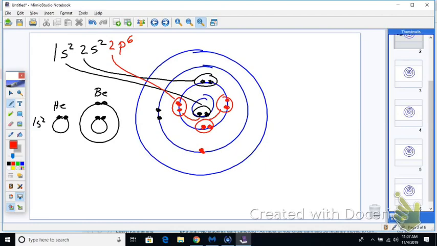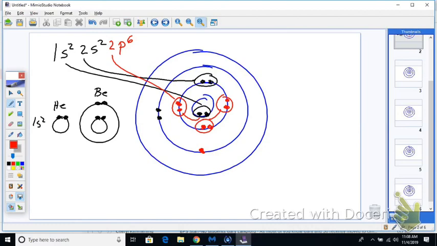So what's the next option for these electrons to go to? Well, once the S is filled in the second level, what other sublevel is in the second level? P. So guess where they have to go? They have to go to the second level P sublevel. They have to go there. And how many can the P's hold? 6. Now, remember the periodic table.